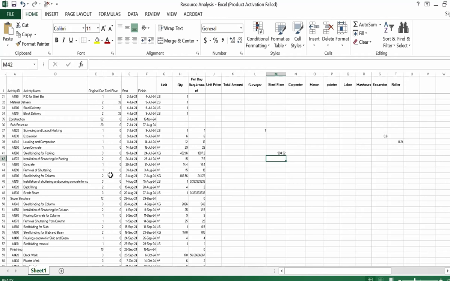So it will be 904 hours. A total of 904 steel fixer hours is required to complete this activity.